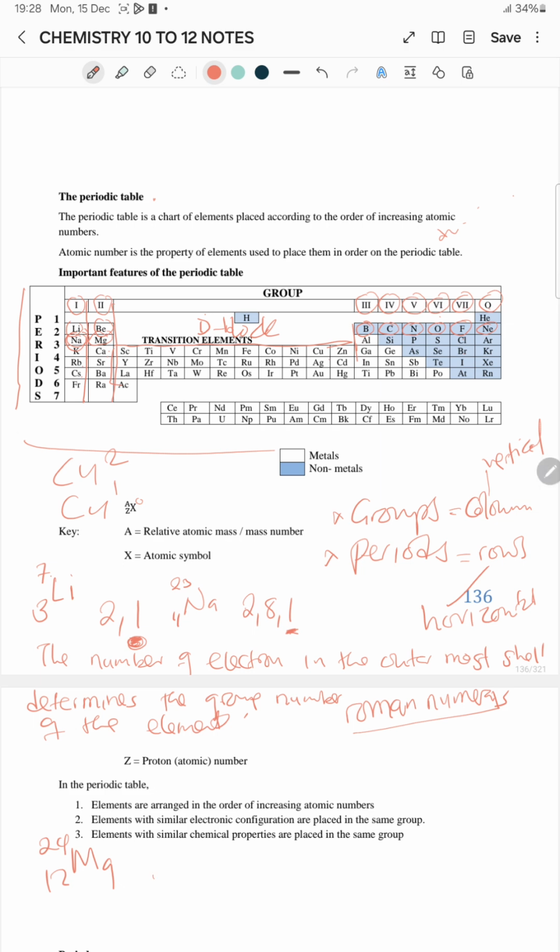So now it is 2, 8, 2. The number of electrons in the outermost shell shows that it is in group 2. Why? Because the number of electrons in the outermost shell determines the group in which the element will be placed. Okay? So that's what we are saying.